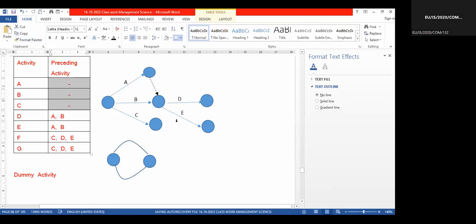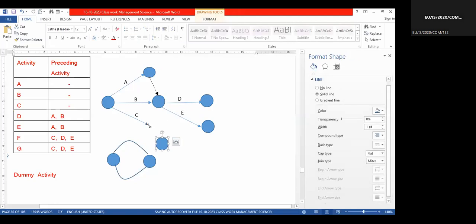So now what I can do, I can do a simple magic here. You can see that I extend this straight line.